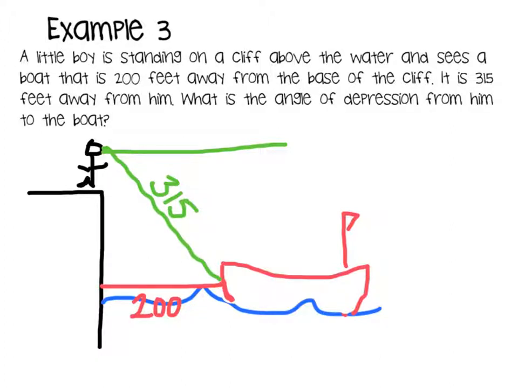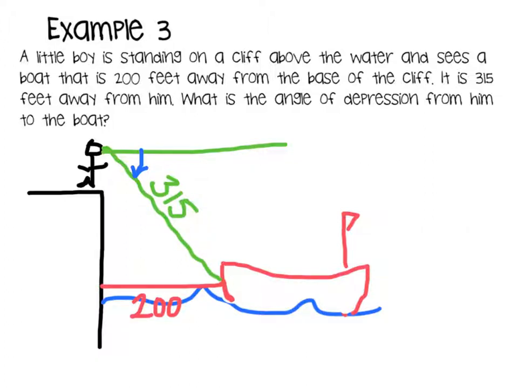Remember, the angle of elevation, or the angle of depression, goes from your line of sight when you're looking down, your line of sight to your horizontal line. So what we're looking for is this angle of depression from your horizontal line to the line of sight.